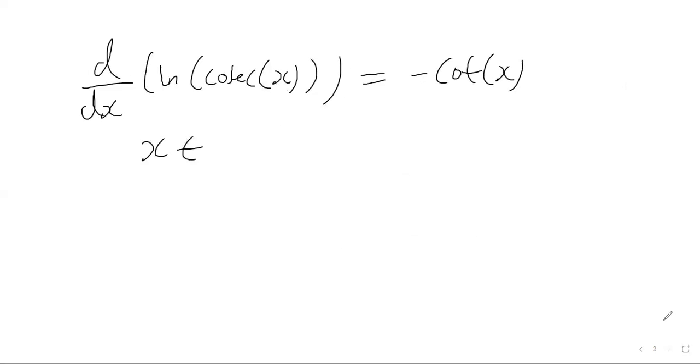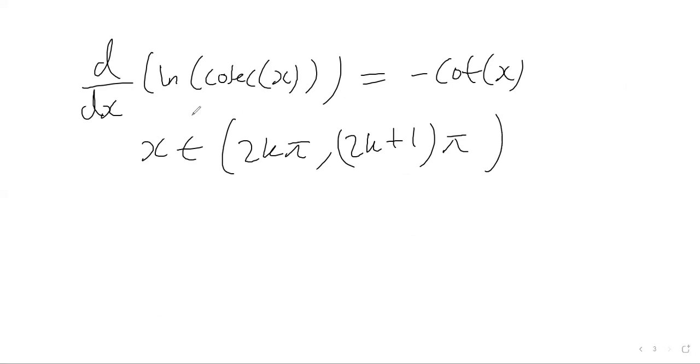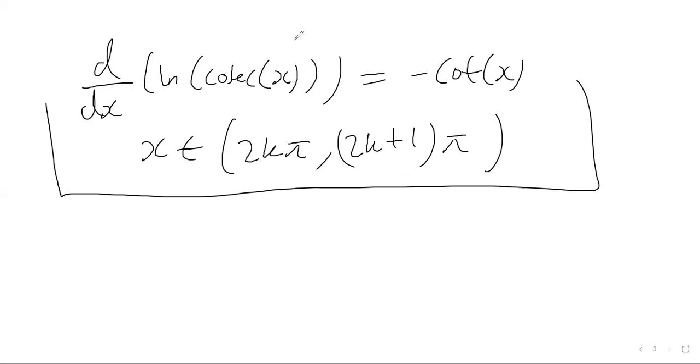So the domains are basically the same. So x is a number between even multiples of pi and odd multiples of pi. That would be our domain of x values for which this derivative and this function hold true. And so that is the result for today's video.